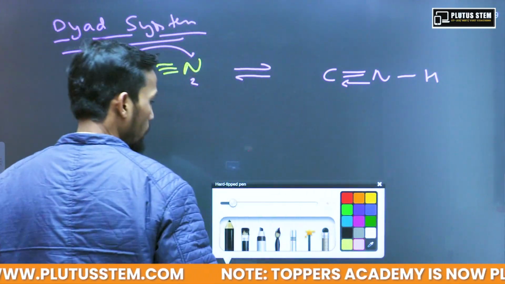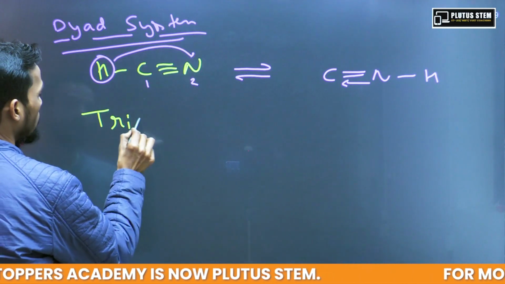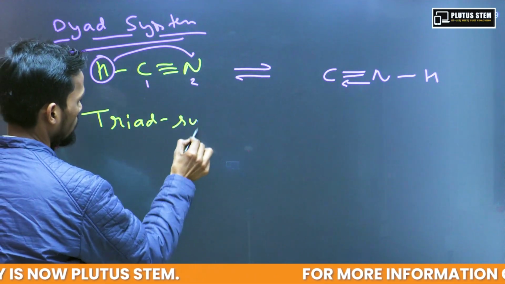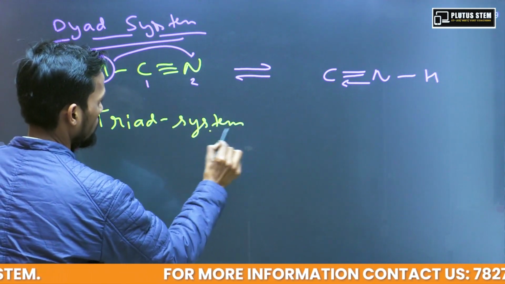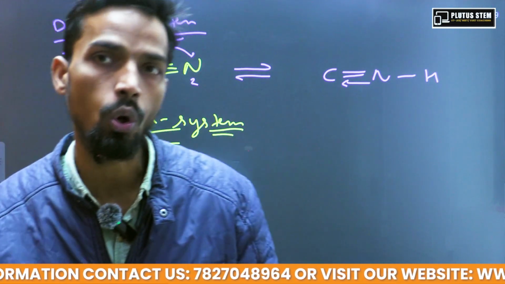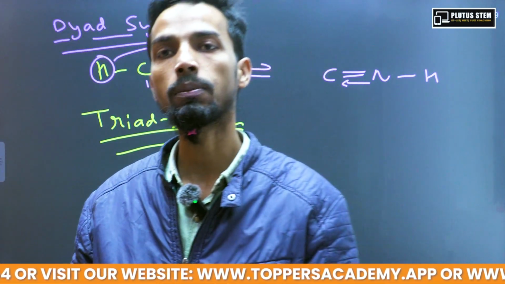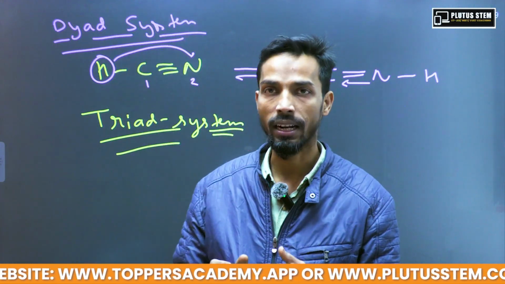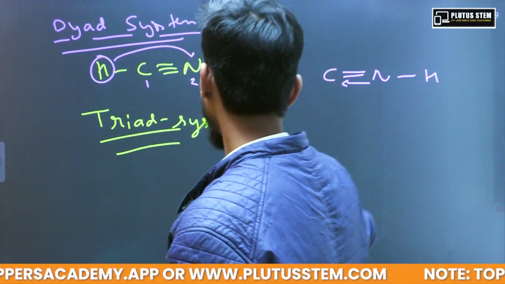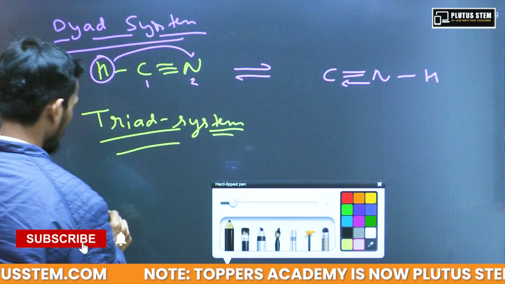The most popular tautomerism is for a triad system. The most important isomerism is shown with the triad system. We will see that the triad system shows this type of isomerism, where the oscillation will be from 1, 2, 3.